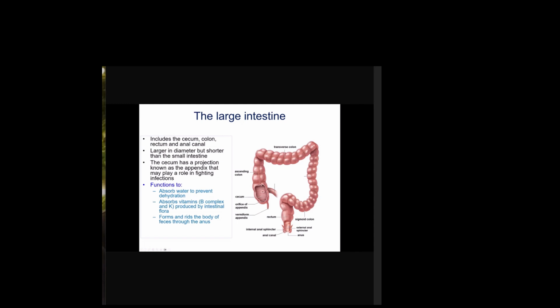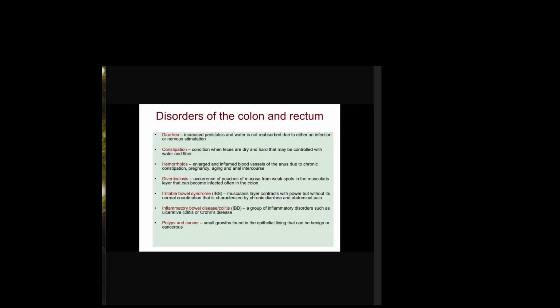When it's delivered here, if the body needs more water and salts, they will be absorbed as the food tracks along here. In the rectum, the material just stays in there until it fills up and then signals for you to go use the bathroom to defecate.